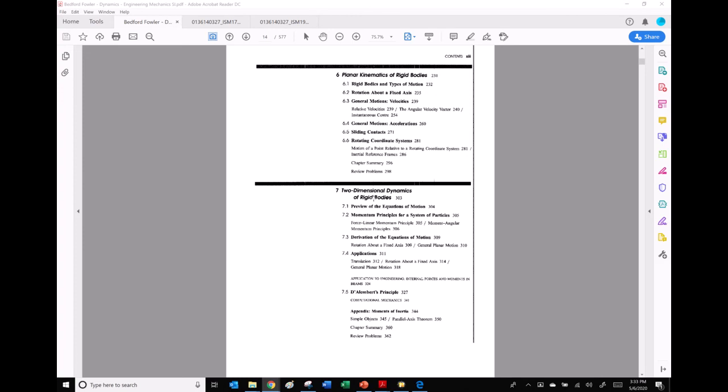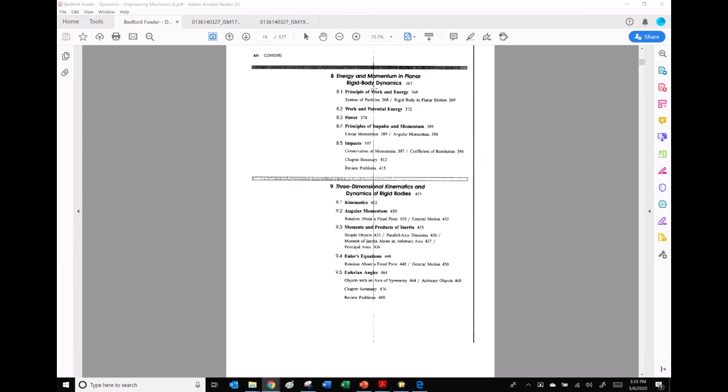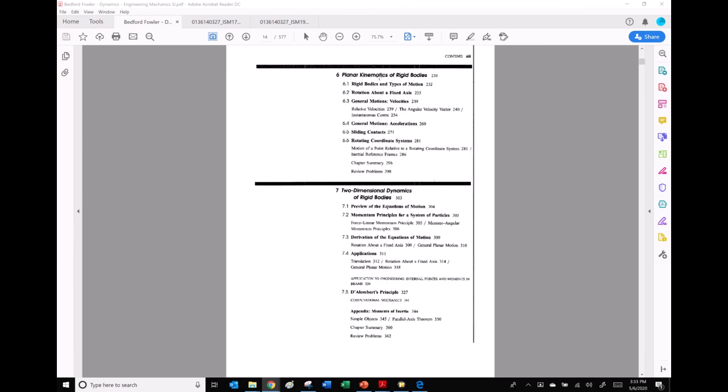Two-dimensional dynamics of rigid bodies: momentum principles, derivation, applications, energy methods, planar. Okay, so I think it's going to be this chapter 7 in here. By the way, something I keep meaning to include is a discussion of the equations of motion.